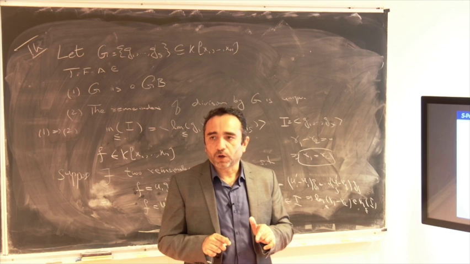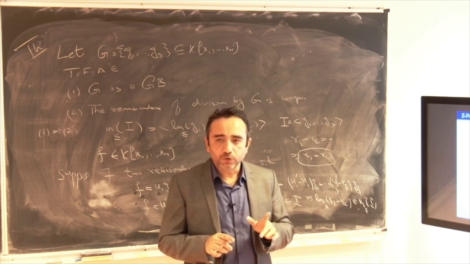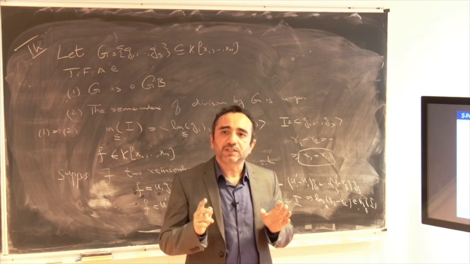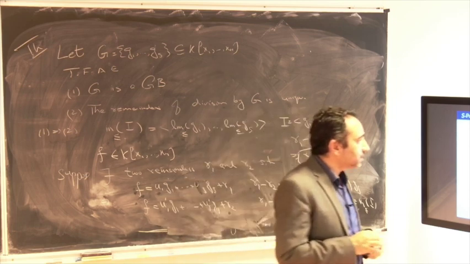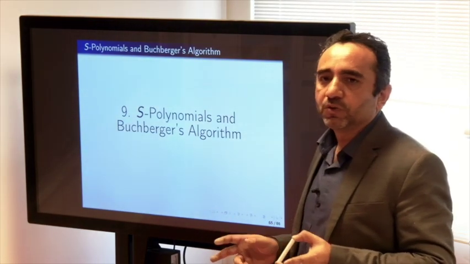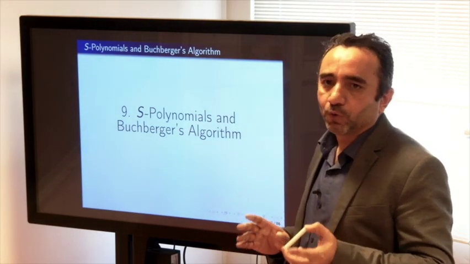To overcome this problem, we want to define a new polynomial which for sure will cancel the leading terms. That polynomial is called the S-polynomial, and we will use it to compute the Gröbner basis.